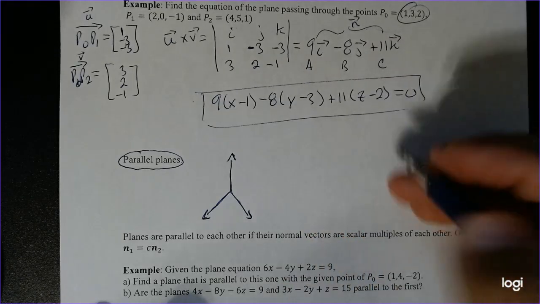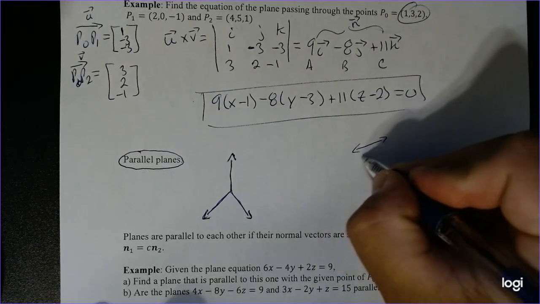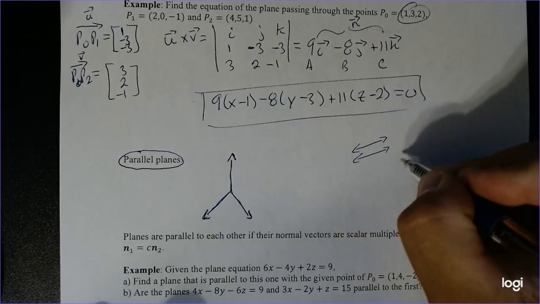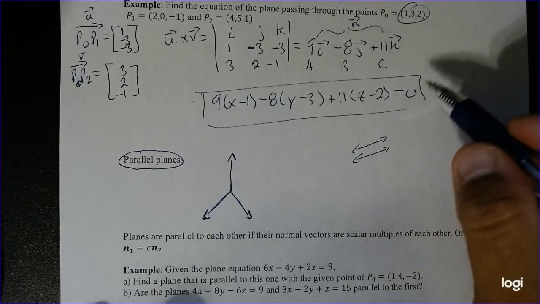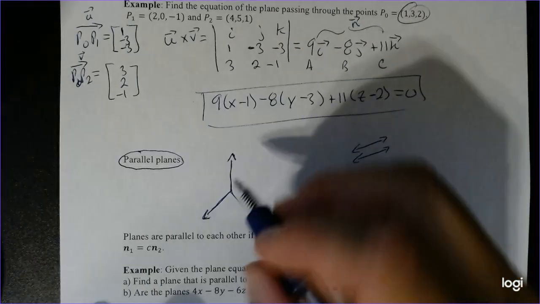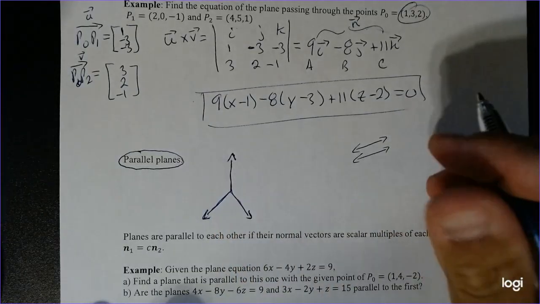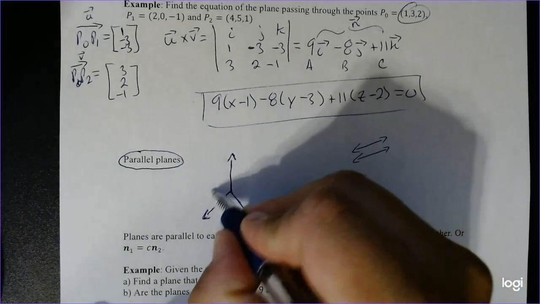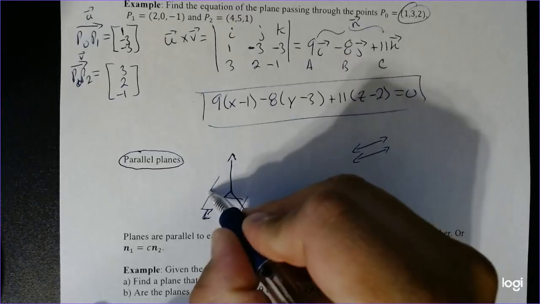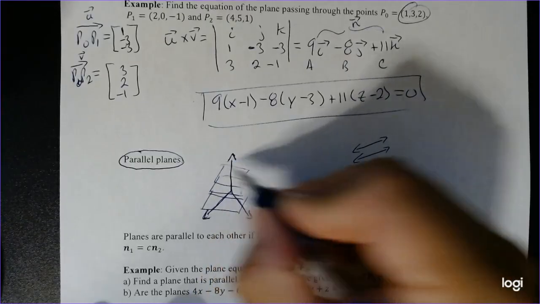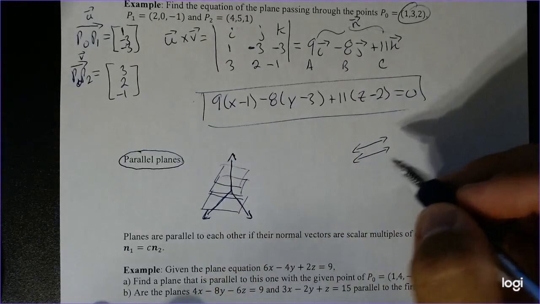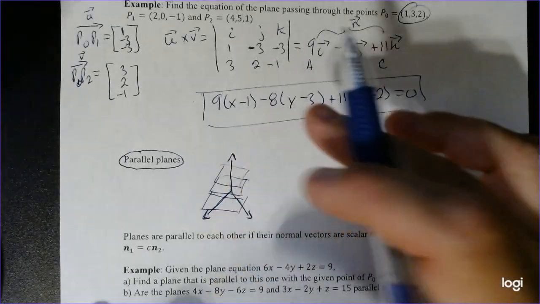Parallel planes is just like parallel lines, right? These lines just never intersect. So now we just have sheets of paper. Literally think of sheets of paper stacked on top of each other. Those are called parallel planes. Just literally stacked on top of each other.